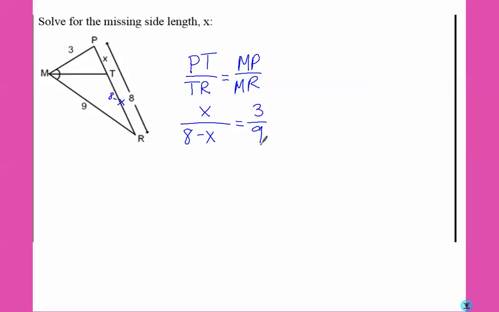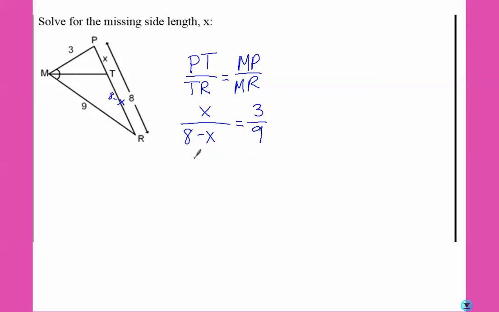Now, how did I know that the 3 went on top and the 9 went on the bottom? If you look at these pieces, x is the piece smaller than 8 minus x. So the 3 and the x must line up because they're both small. 8 minus x and 9 both line up because they're longer.